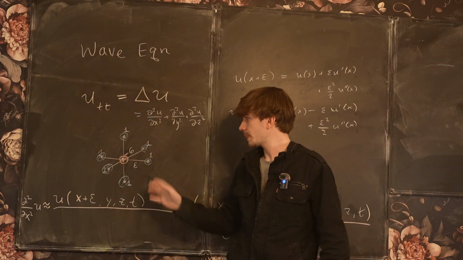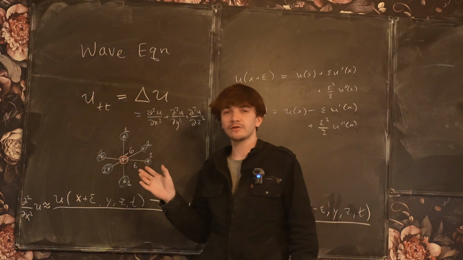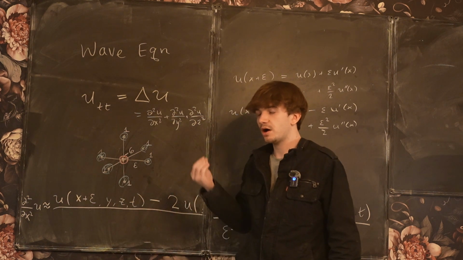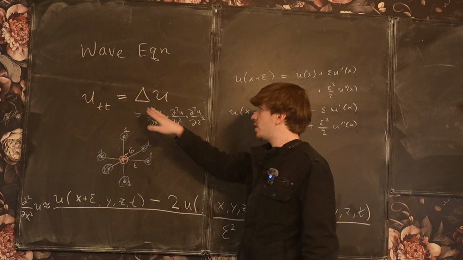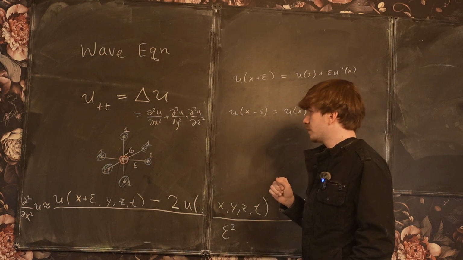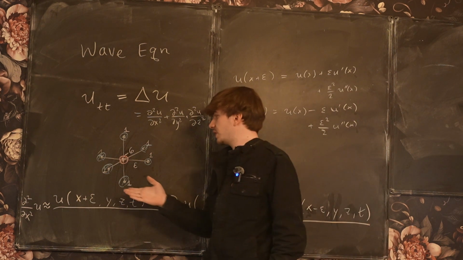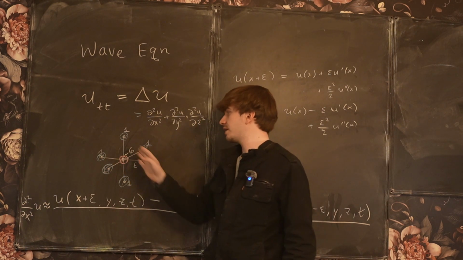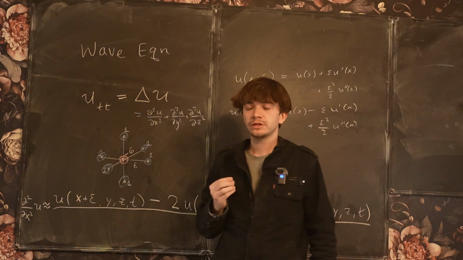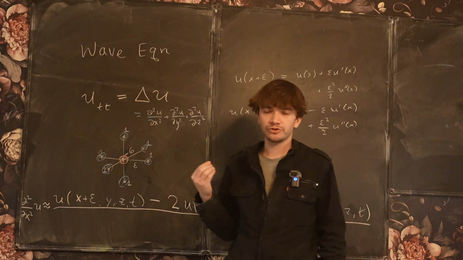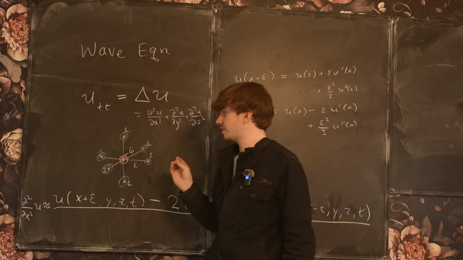The local average of the neighbors is a higher value than the value at the center point. That gives a positive curvature and a positive Laplacian. And then of course, if these points were all red and the central point was blue, then we could say this is a negative curvature and the Laplacian is negative.